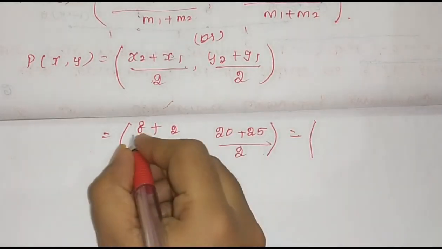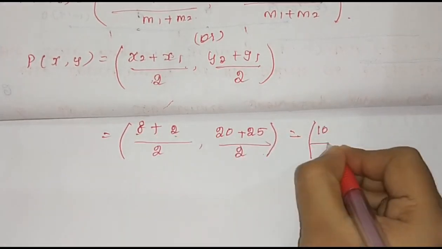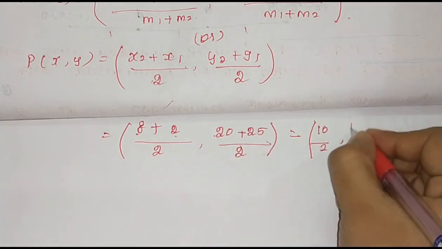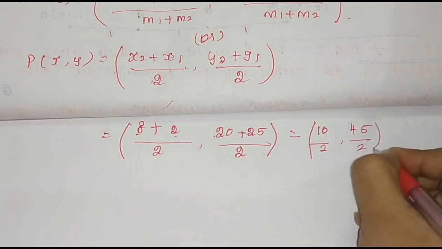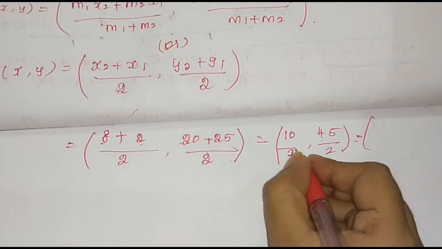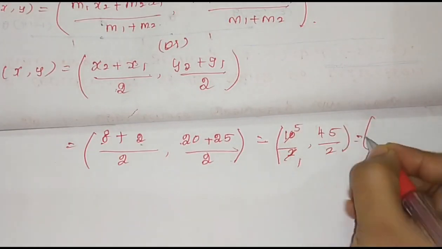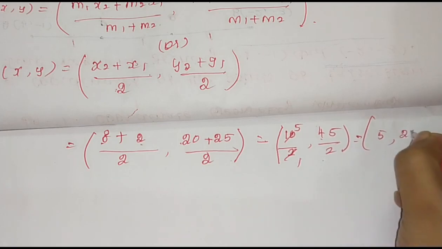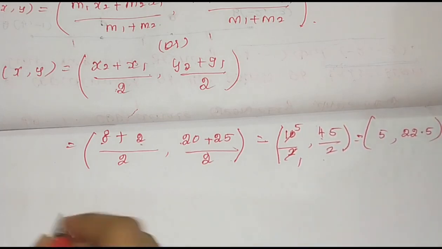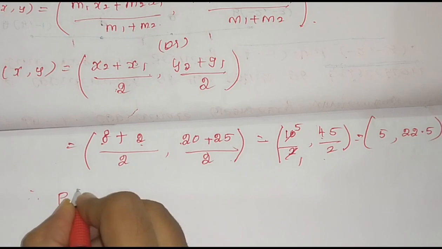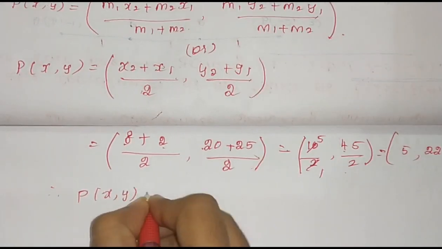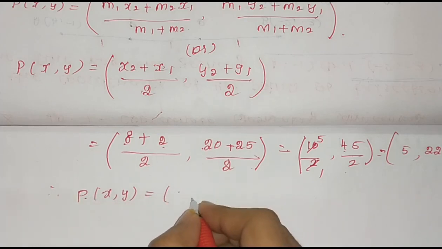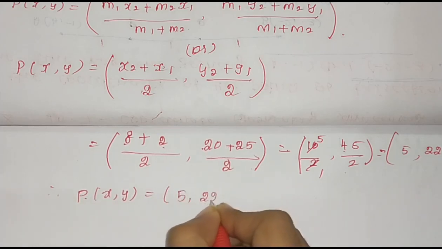Now 8 plus 2 is 10, 10 divided by 2 is 5, comma, 20 plus 25 is 45, divided by 2 is 22.5. Therefore P of x comma y equals 5 comma 22.5.